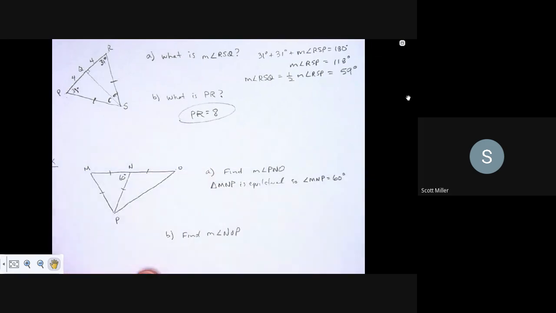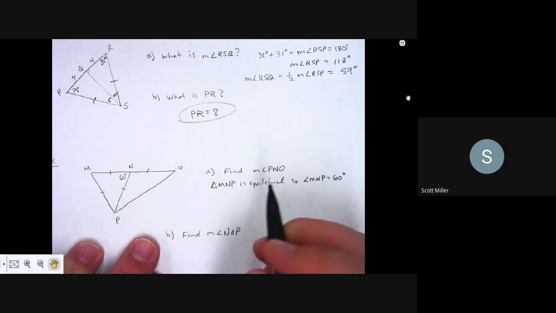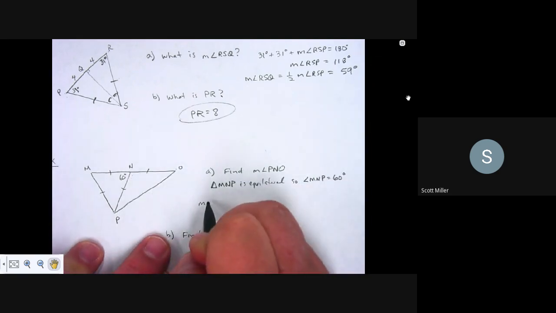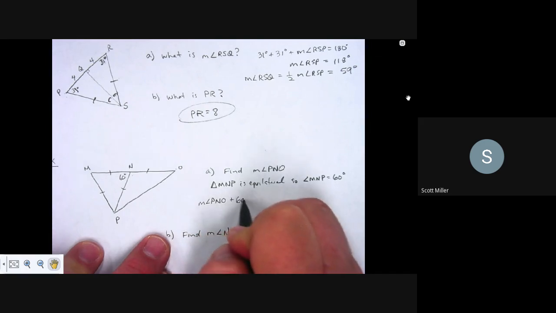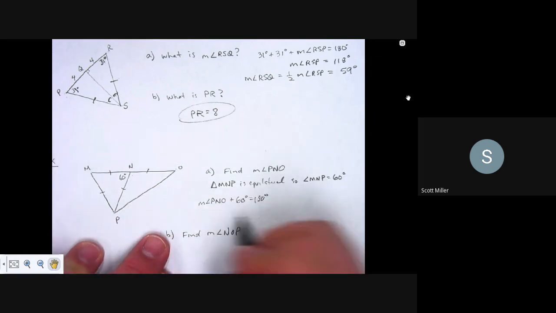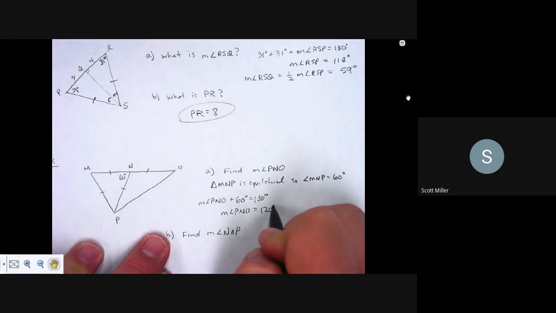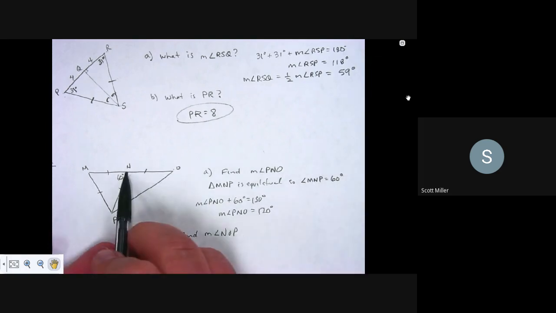In fact, all of them are 60 degrees. So I can tell clearly then that the angle I'm looking for, the measurement of angle PNO plus 60 degrees is 180 because they are a linear pair. And so the measurement of the angle that I'm looking for is 120 degrees.